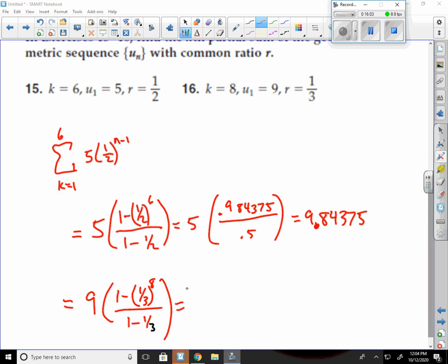I mean, it's not really all that fun, but it gives me 9 times 1 minus 1 over 6,561. I got that by taking 3 to the 8th power and 1 to the 8th power. Obviously, 1 to the 8th power is going to be 1. 3 to the 8th gives me 6561. And that's over 2/3.